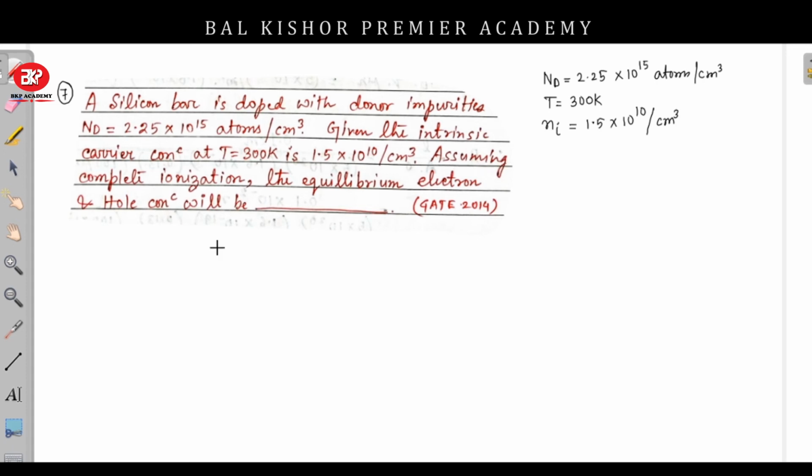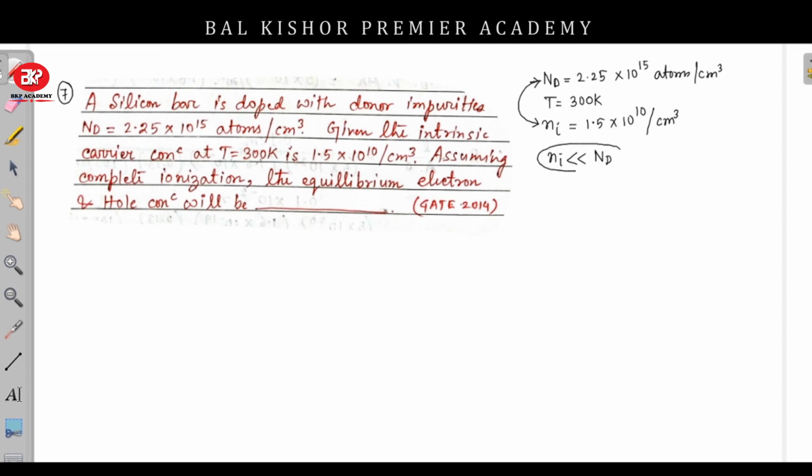So assuming complete ionization, we have to find the equilibrium electron and hole concentration. For that we have to compare the Ni value and the Nd value. Comparing Ni and Nd, here it is 10 to the power 10 and here 10 to the power 15. That means the Ni value is very much less than Nd.